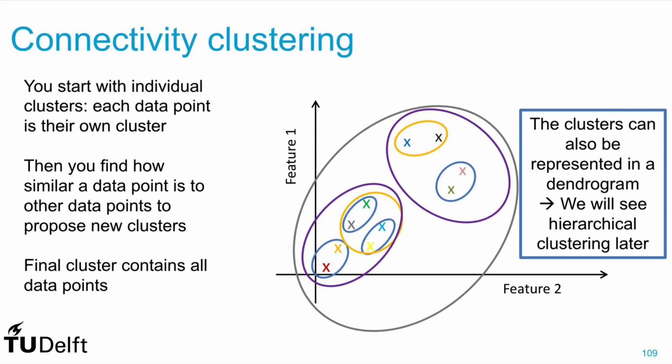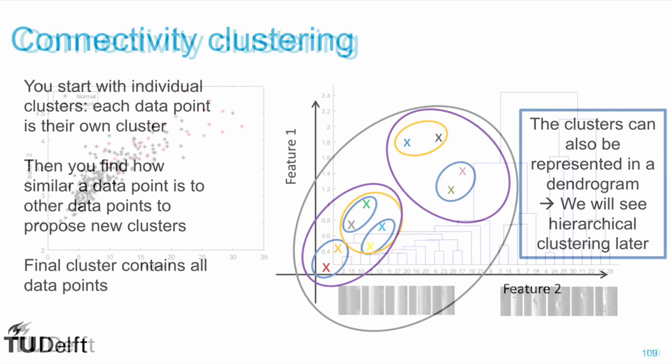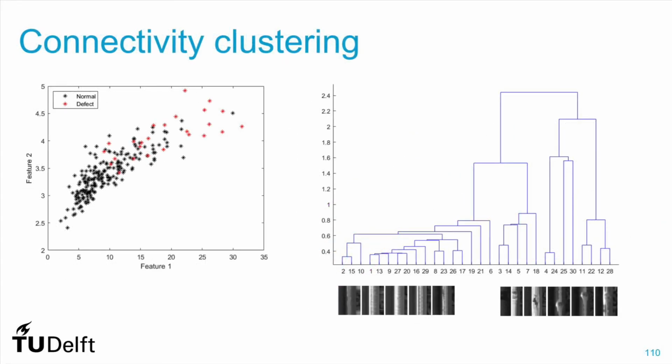The clusters can also be represented in a dendrogram, and later we will see more details when analyzing hierarchical clustering. So here is another spoiler of the assignment for this week. You will have the data with two features, and to the right you see the dendrogram when applying hierarchical clustering.